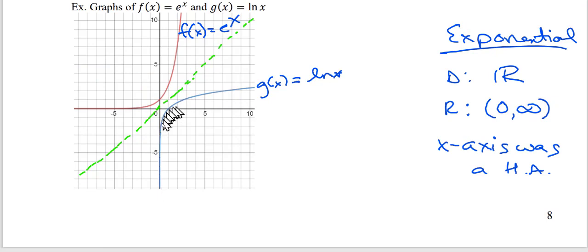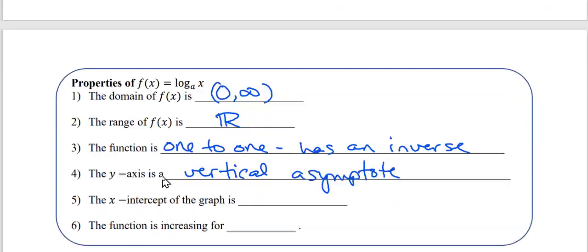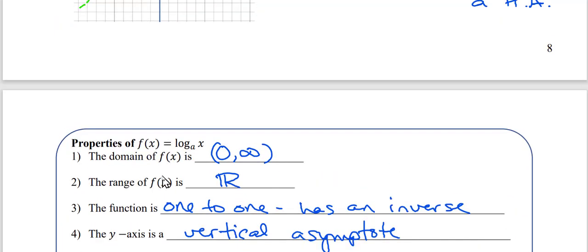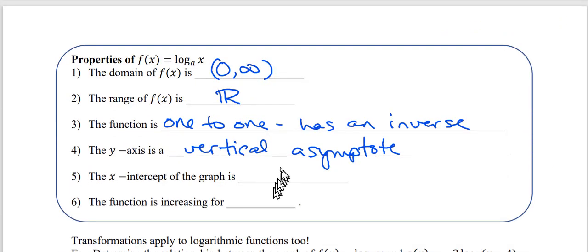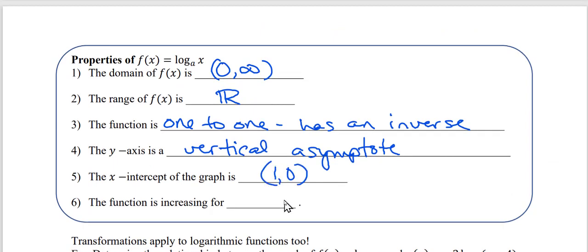As we go down, down, down, it gets closer and closer to the y-axis, and that's a vertical line. There is no y-intercept because it never touches that vertical line, but there is an x-intercept. If you recall, for the exponential the y-intercept was (0, 1). In this case, those are switched to give you an x-intercept of (1, 0).